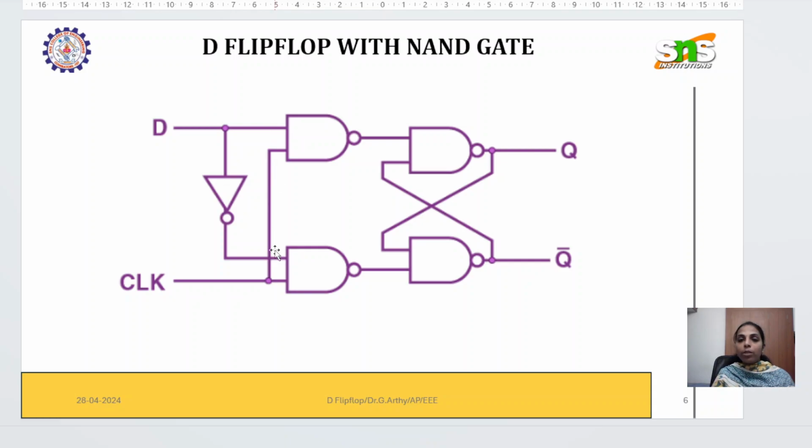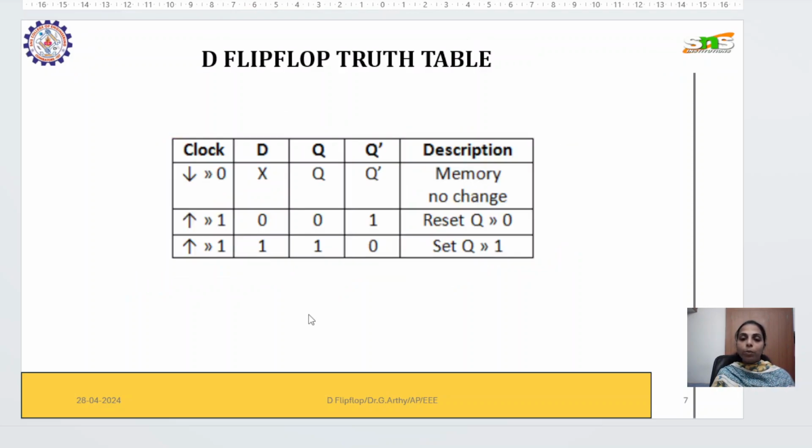We did not take two different inputs. Instead, we give one input, and using a NOT gate, we complement the input, right? Now when D is equal to 1, this point will be 0, and when this point is 0, this will be 1, and vice versa. So it acts like an SR flip-flop, but in a minimized version.